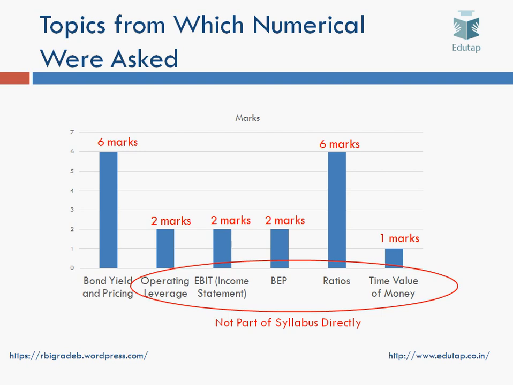But the other 4 topics, which are operating leverage, EBIT, BEP and ratios, are part of financial accounting or cost accounting, and they are nowhere mentioned in the syllabus. But I think this year people have already taken cognizance and are already preparing for that.